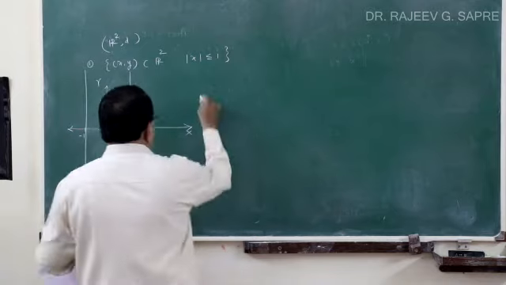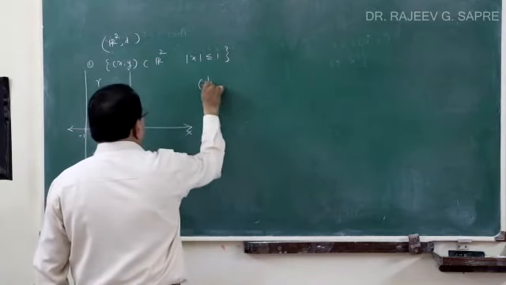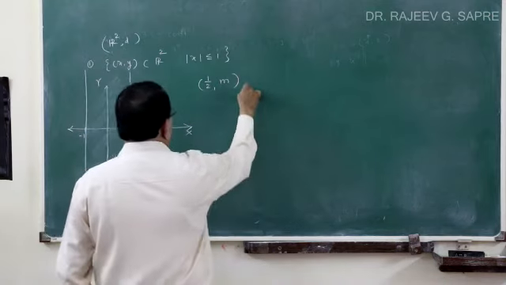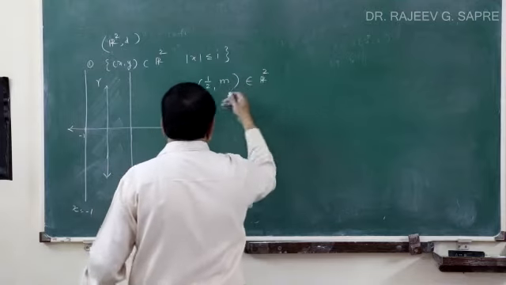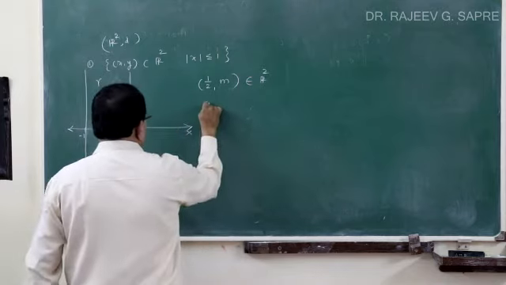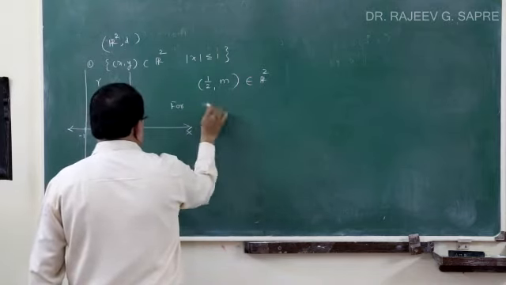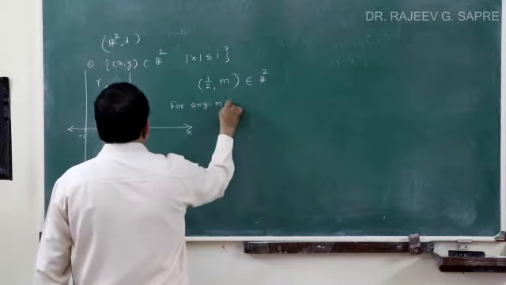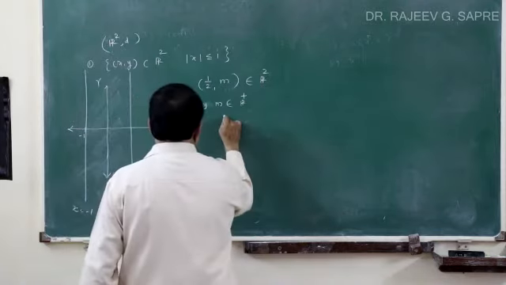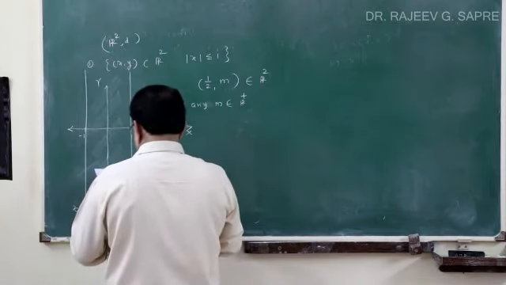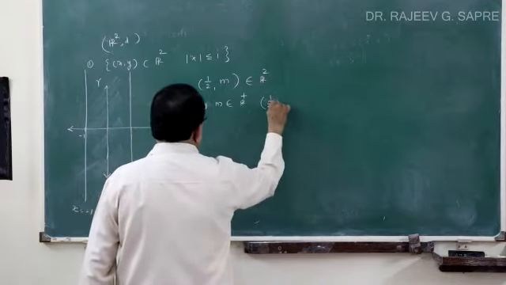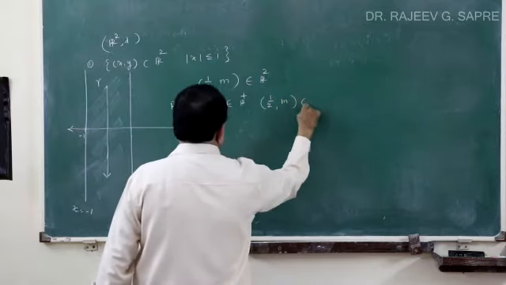If you take a point, say (1/2, m), consider a point (1/2, m) belonging to R2, where m is any real number. So for any m belonging to R plus, that means positive real numbers, you can easily see that this point (1/2, m) belongs to this set.